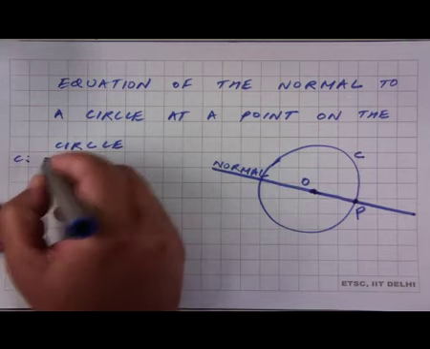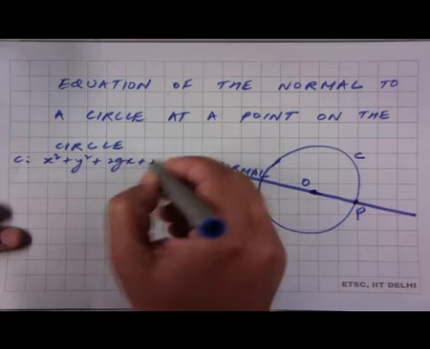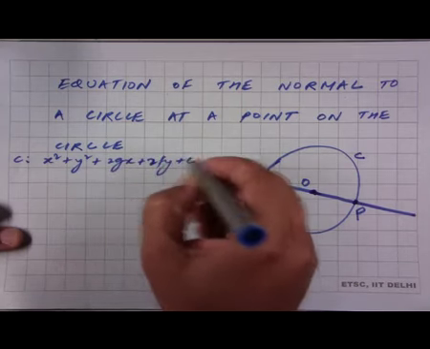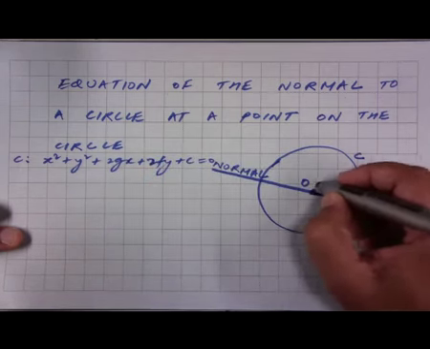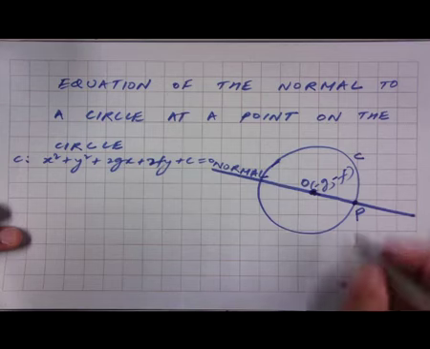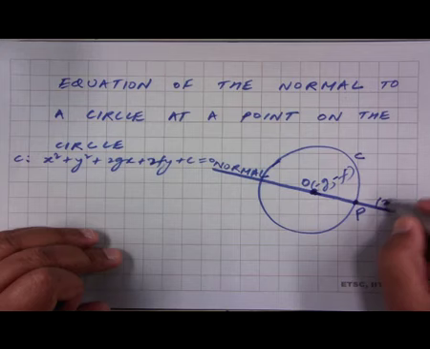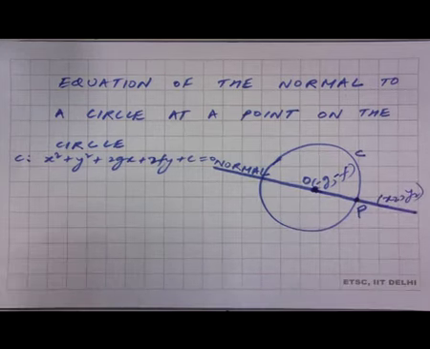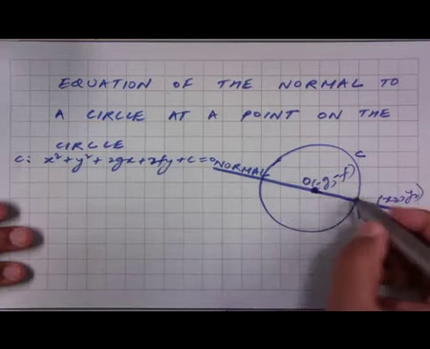So, suppose that the equation of the circle is this, with the center at minus g, minus f, and suppose there is a point P having coordinates x2, y2, which is on the circumference of the circle.